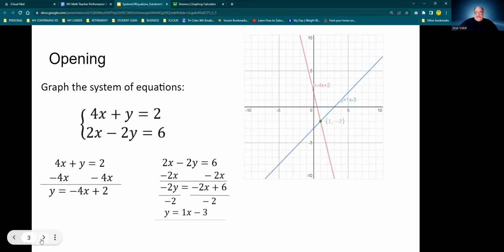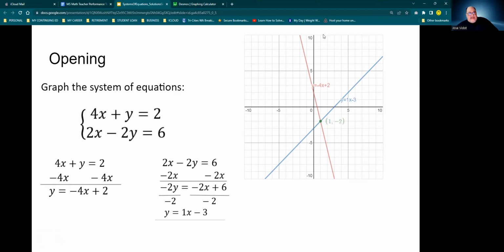Okay, and notice, what does it mean when the 2 lines intersect? Well, they're intersecting at the point 1, negative 2. Notice what happens when you take a 1 for x and a negative 2 for y, and you plug it in here. What do you get?